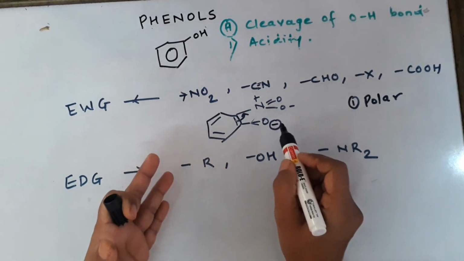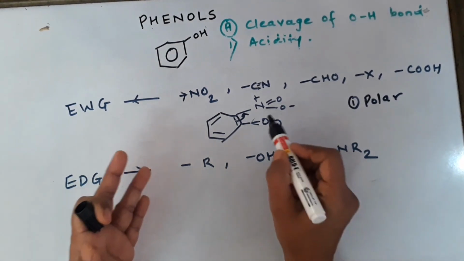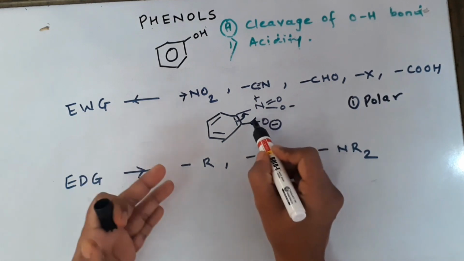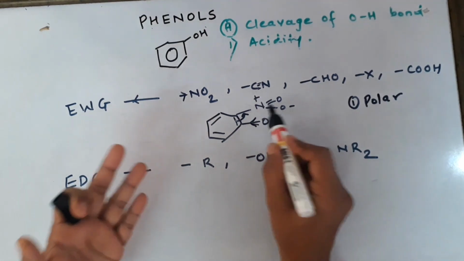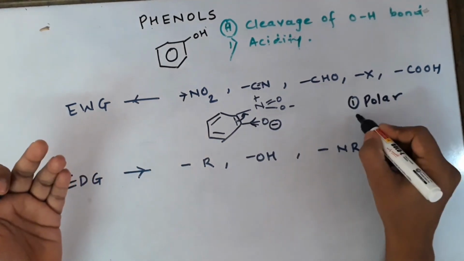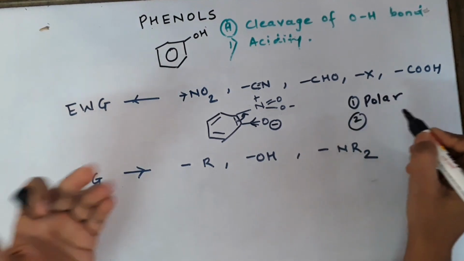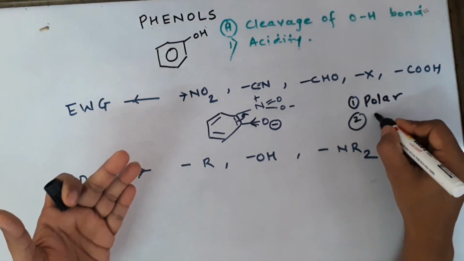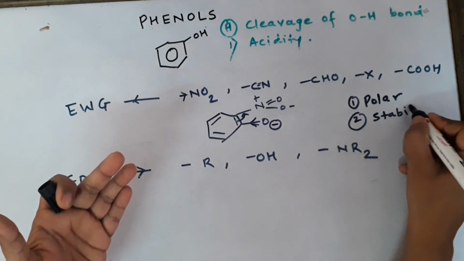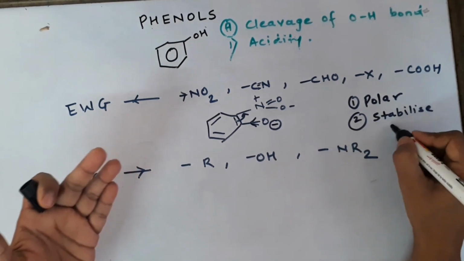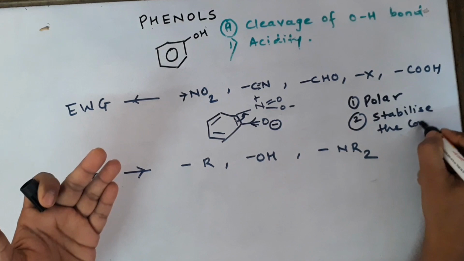So here, yes, it is getting dispersed. It is getting shared by an electron withdrawing group. So the electron withdrawing groups are also helping the conjugate base to stabilize themselves. So they are going to stabilize the conjugate base.